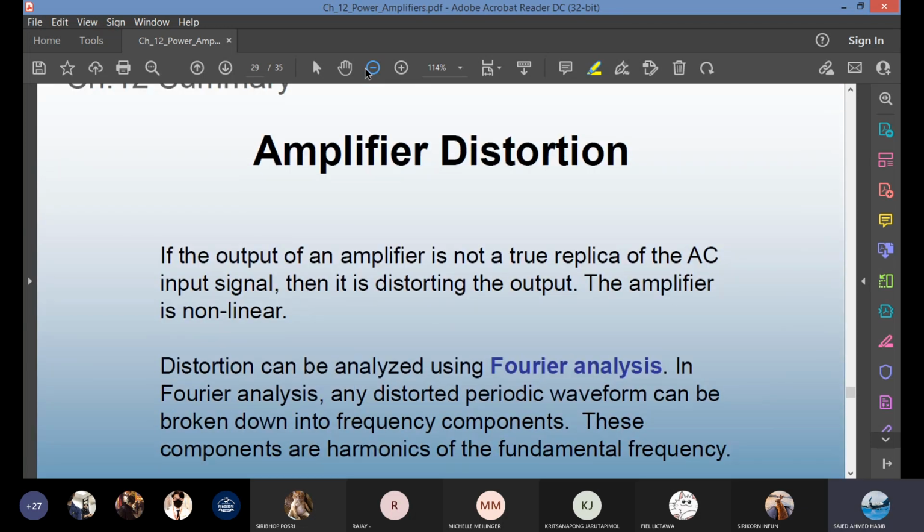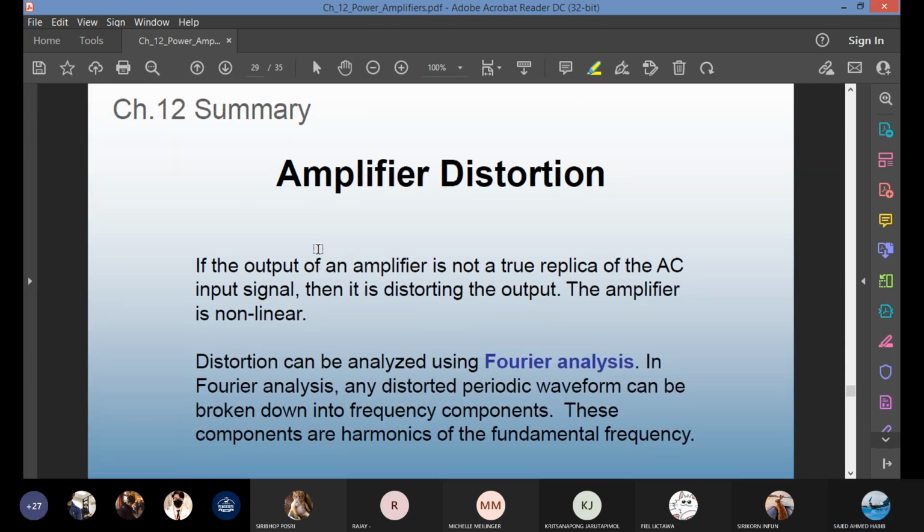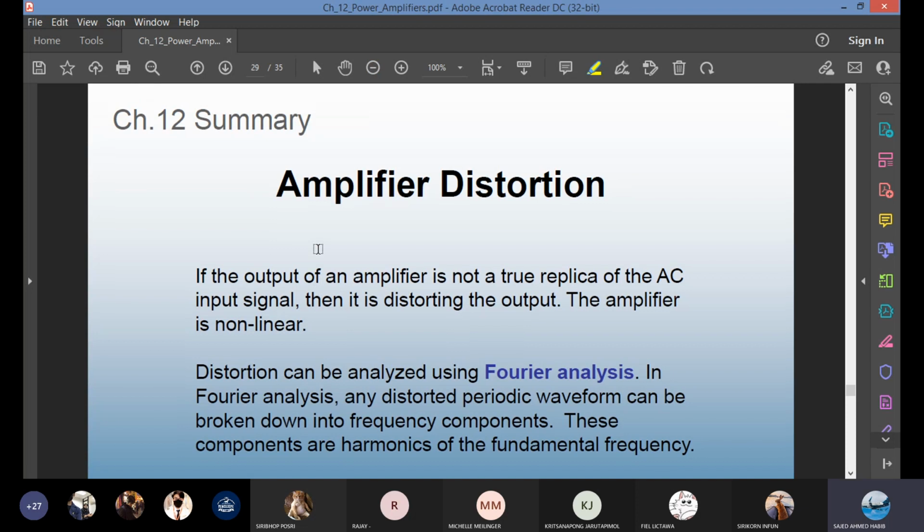Now we talked about crossover distortion. There is a general case of distortion. What did I tell you about distortion? What is the meaning of distortion? It means the signal shape is twisted, distorted, corrupted. The general statement goes like this.